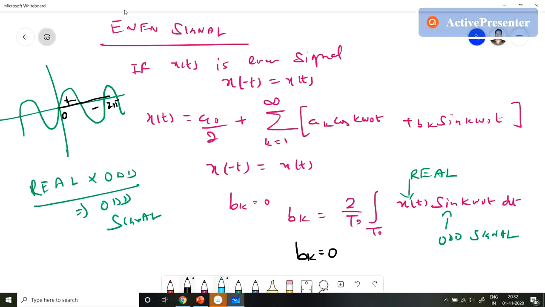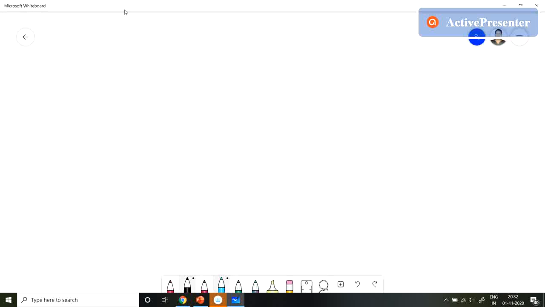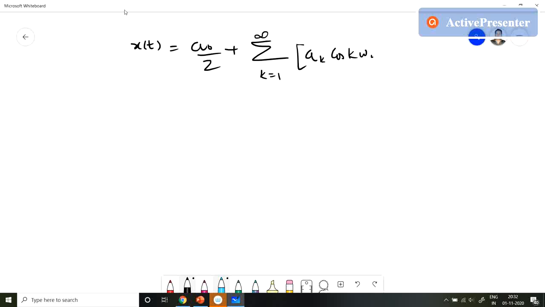So we will get only ak and a naught by 2, since bk is equal to 0. So x(t) is written as a naught by 2 plus summation k equals 1 to infinity ak cos k omega naught t. This is our x(t).